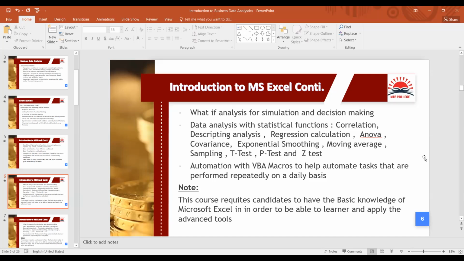And all that I've mentioned under Microsoft Excel, remember we are going to do practicals, and just a rider on that, the course requires candidates to have the basic knowledge of Microsoft Excel.